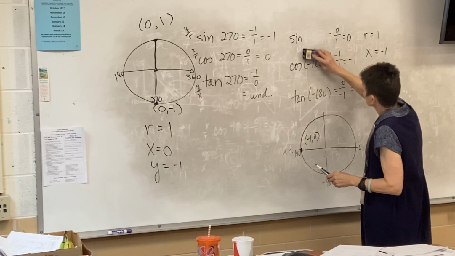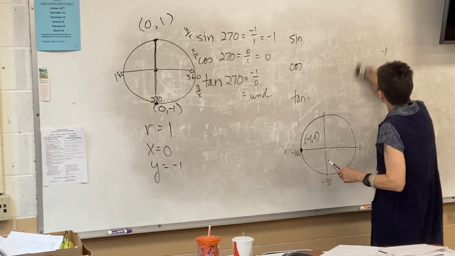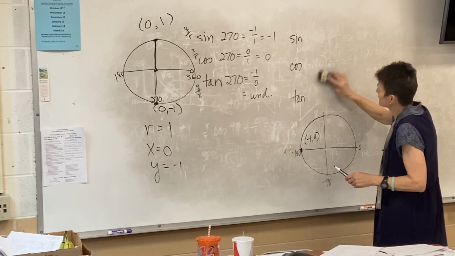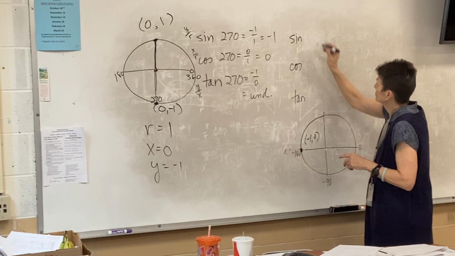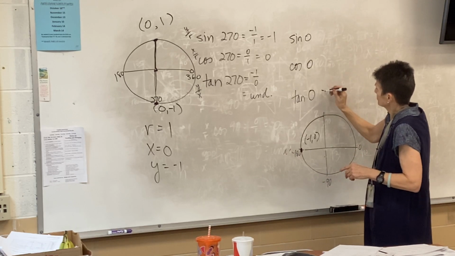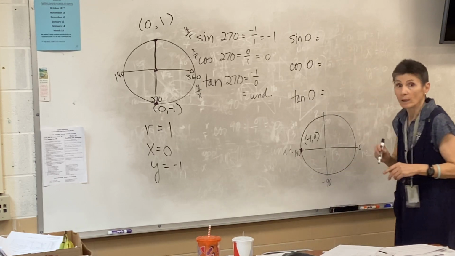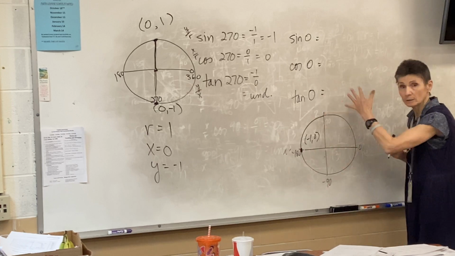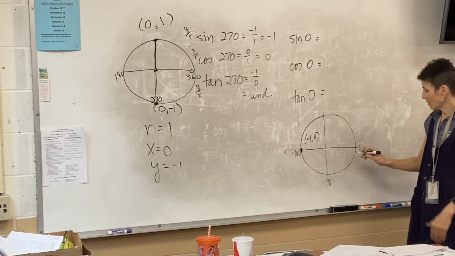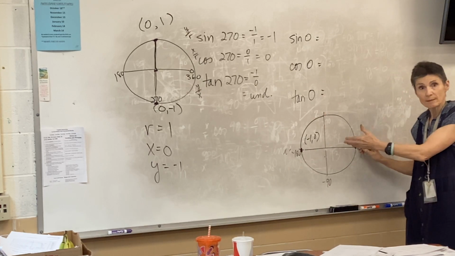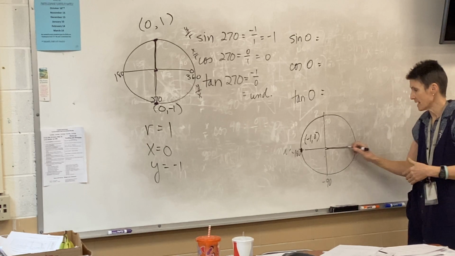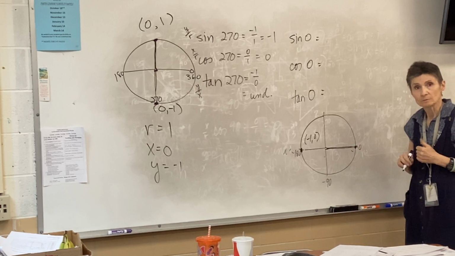And then the last one, the angle is 0. Well, here's our framework. Where is 0? It's right here. This is the starting point. This angle right here is 0.